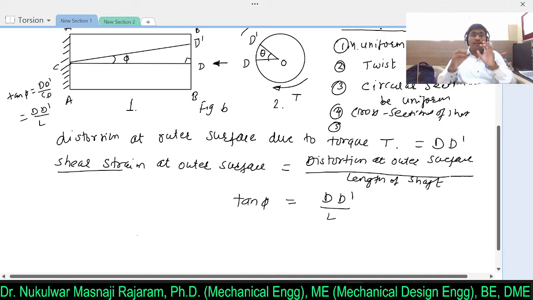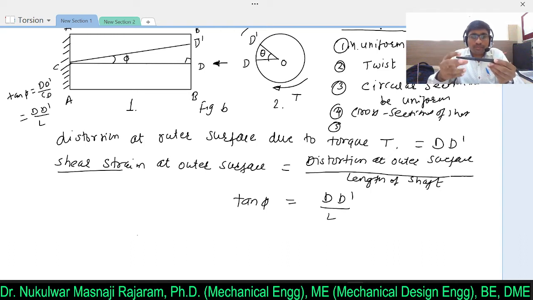Simple. Now if you consider the mild steel, which is mostly used as a shaft material, clear, or C45 shaft material, in that case if you observe, when you apply the force, then this phi angle is very less. Clear?